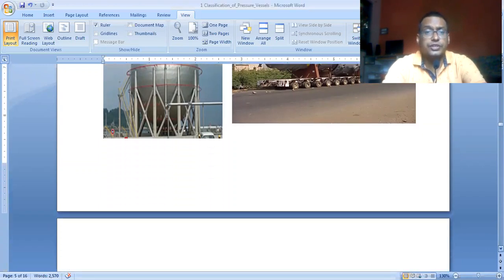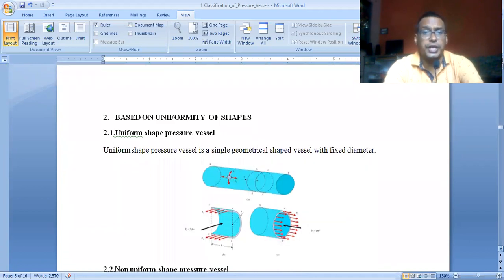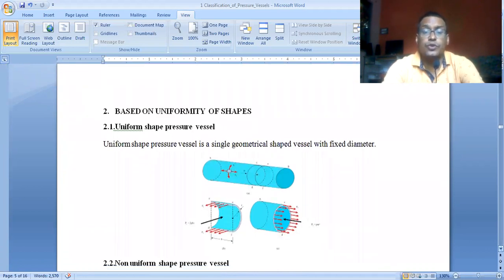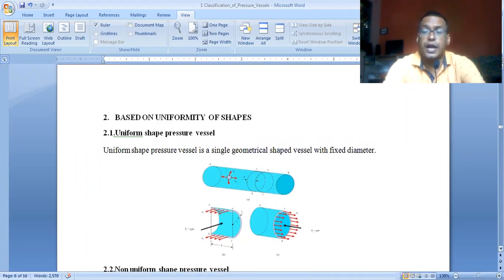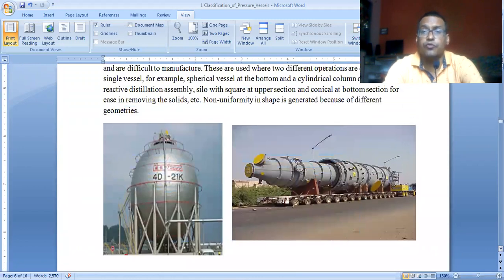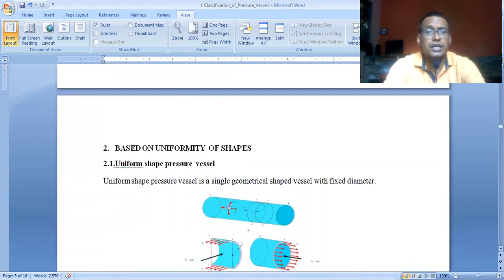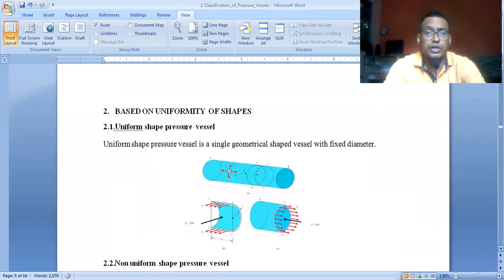The next classification is based on the uniformity of the shape. That is, uniform shape vessels and non-uniform shape vessels. What we have talked about above is related to non-uniform shapes. The reactive distillation is also non-uniform in shape. Mostly the uniform shapes are used.